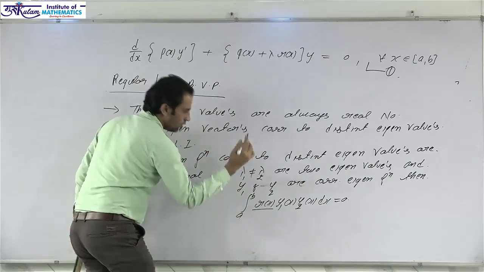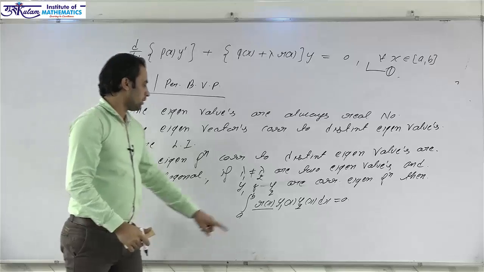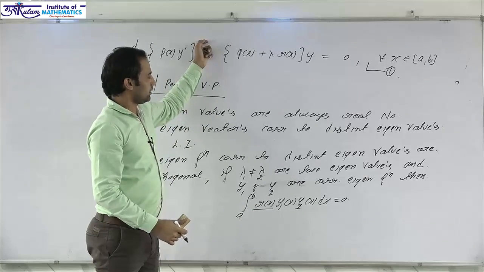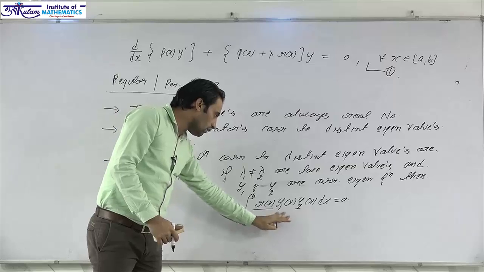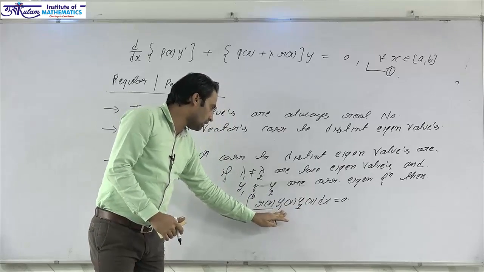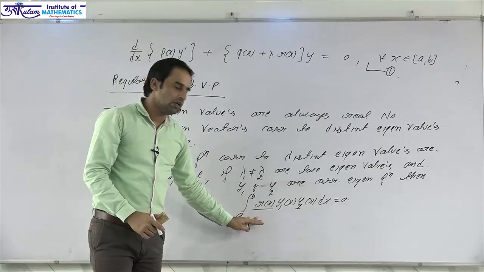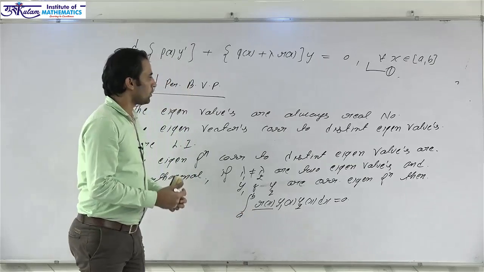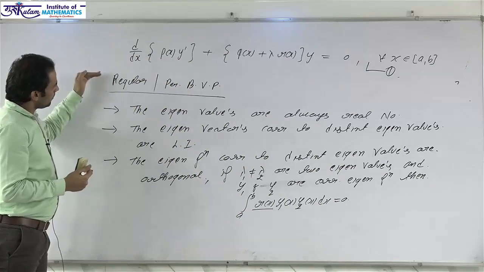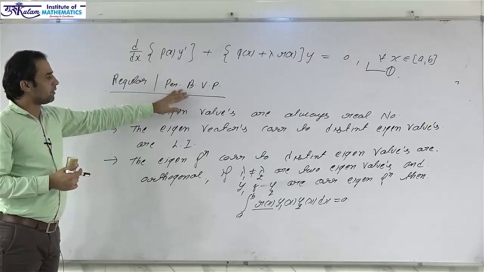This r(x) is called the weight function of the differential equation. So that is, y1 and y2 are orthogonal with respect to this weight function r(x). So this is the third property for either a regular boundary value problem or a periodic boundary value problem.